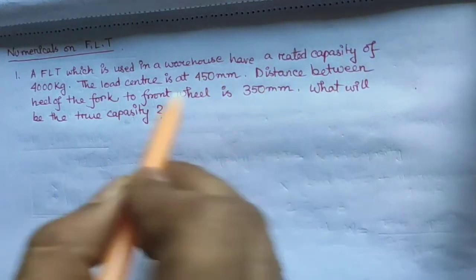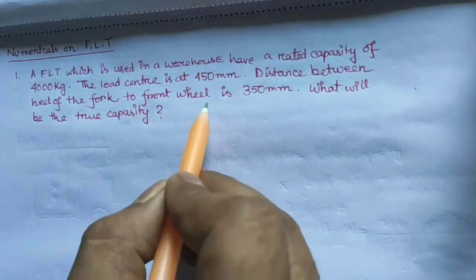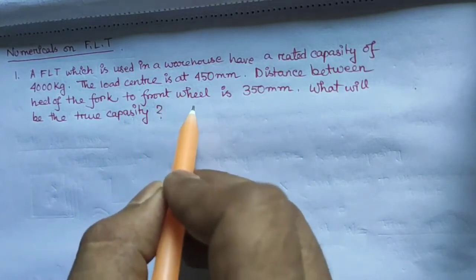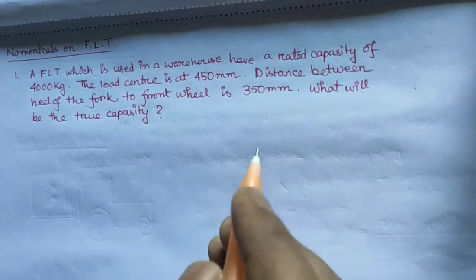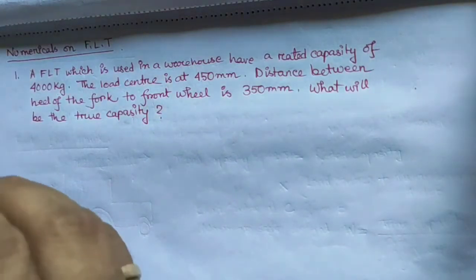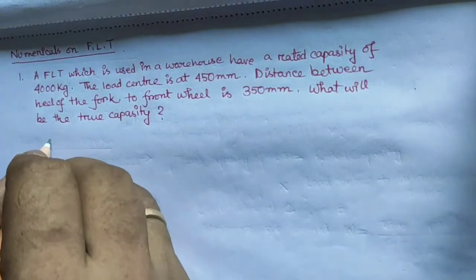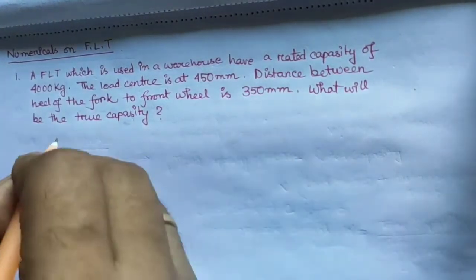And the distance between the heel of the fork to the front wheel means the center point of the front wheel, which is given as 350 millimeter. So if you go through the proper formula, we have to find the true capacity.